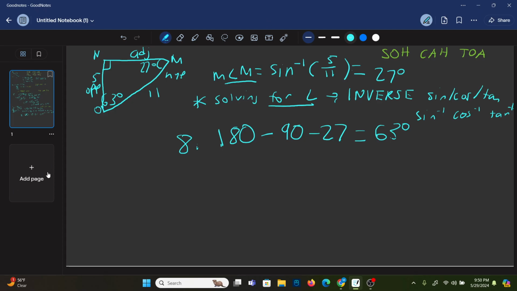I need another page. So for problem number 9, we have triangle PQR, and this is another right triangle, so we can use SOHCAHTOA. This is 90 degrees.